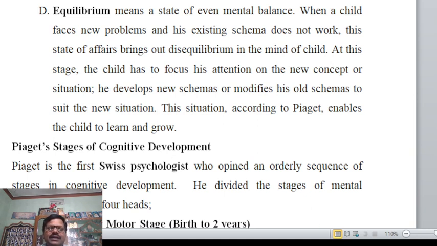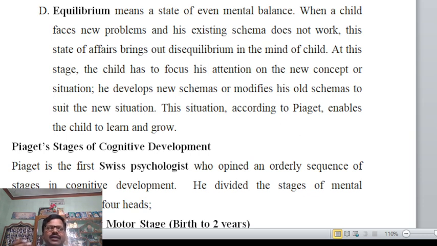And the next one is equilibrium, a balancing situation, we can say. Equilibrium means a state of even mental balance. When a child faces new problems and his existing schema does not work, what will be his state, what will be his mindset?